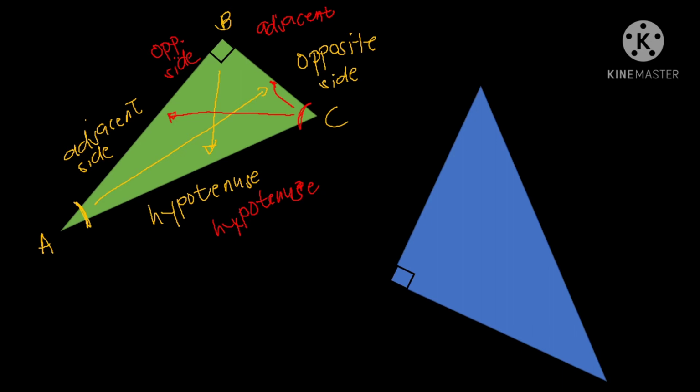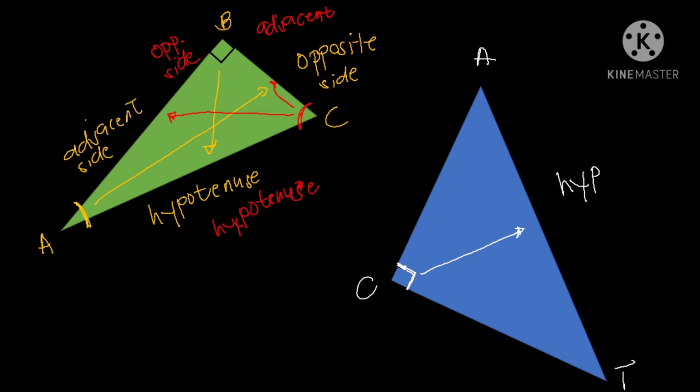So, let's move on to the second triangle. So, identify natin asan ba ang right angle. So, andito yung right angle. Let's name this triangle as triangle CAT. So, yung hypotenuse side natin, which is the longest side, the side AT or TA.